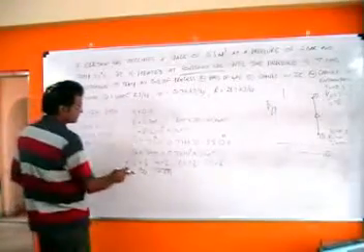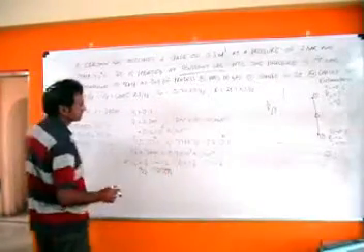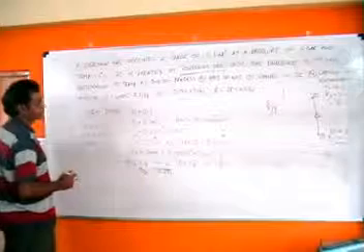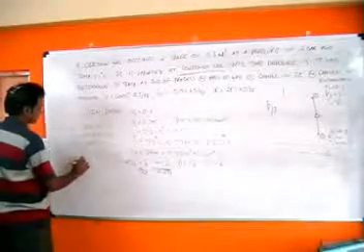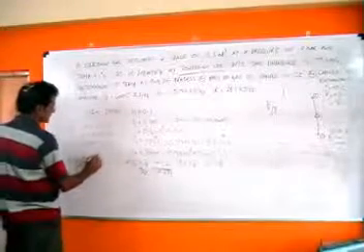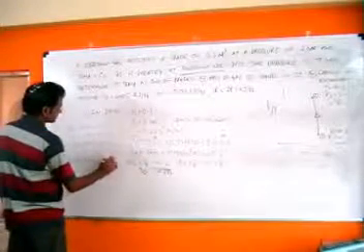Now we have found the values of T2 and m. To find the value of change in internal energy, we have the formula of internal energy as m Cv into T2 minus T1.